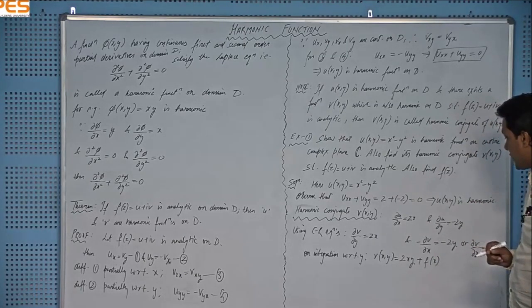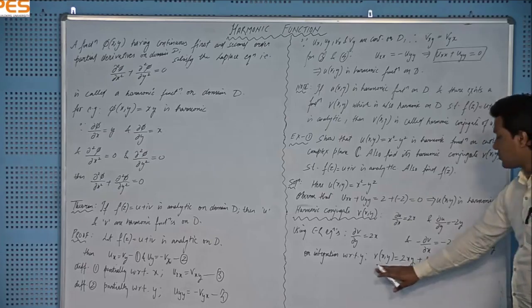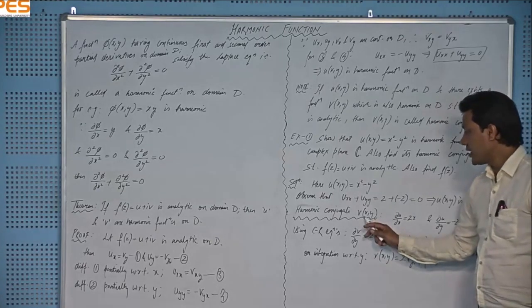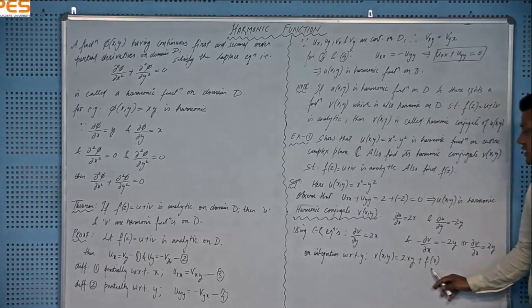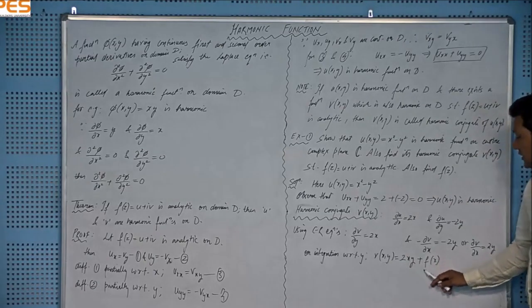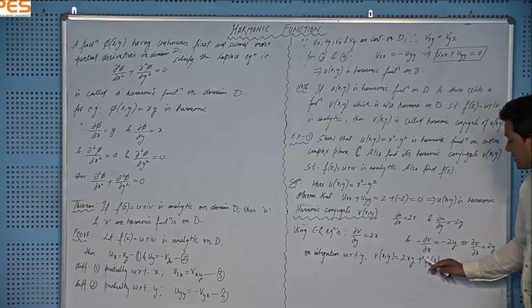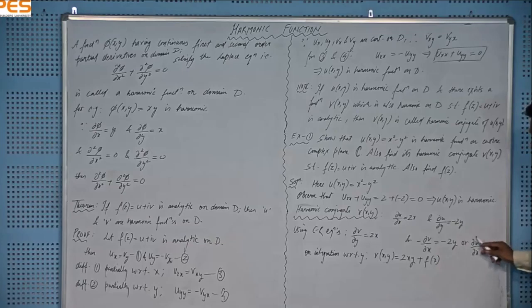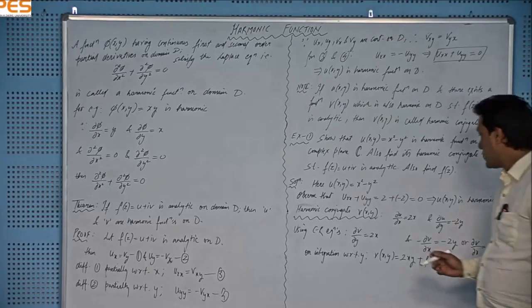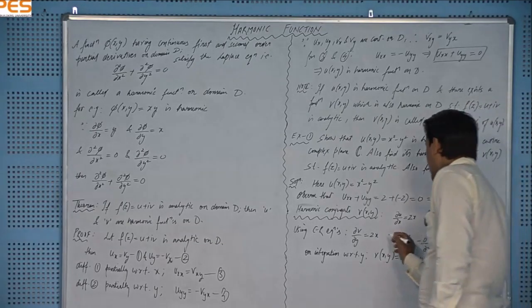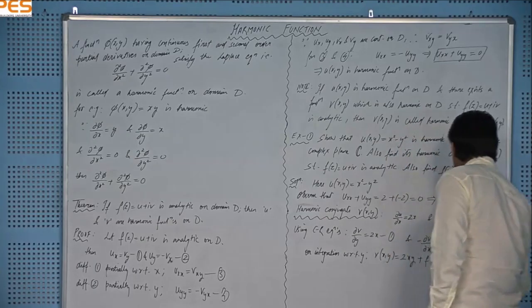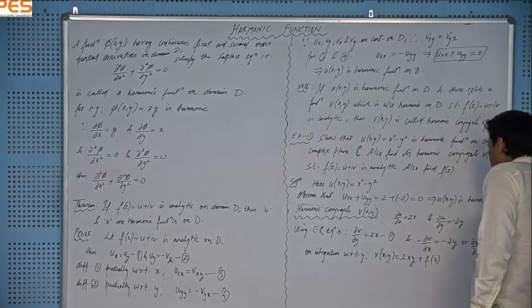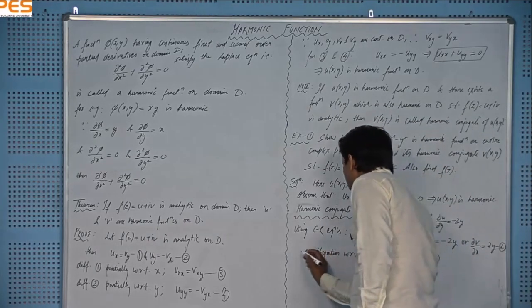Now this is my v(x, y). I have found v(x, y), but what about this f(x)? To find f(x), I need the second equation also. Let me call this equation number 1 and this equation number 2.